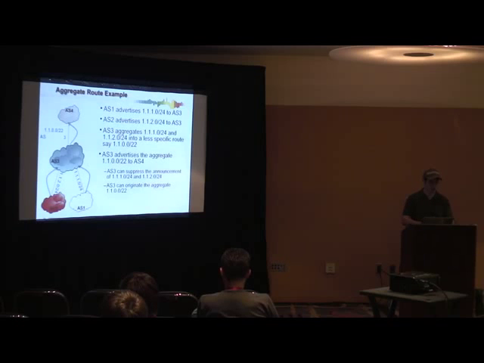And he's going to advertise that to AS4, his upstream. So one way he can do that is just simply advertise the /22, and it will be originated by AS3. But another way that he can do that is he can use an AS set and inherit the AS path of the contributing routes. In this case, you'll see that the routes are being originated by AS1 and 2 behind AS3.